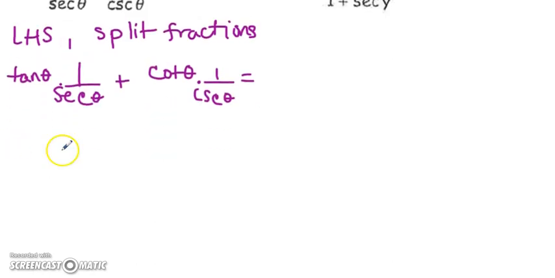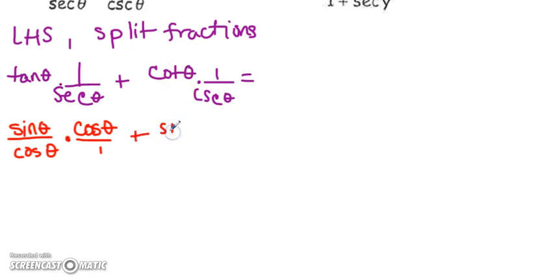And now I'm going to change every single thing. Tangent is going to become sine over cosine. Secant, look at your trig sheet. That's cosine over 1. Cotangent, that's cosine, right, same letter. Cosine over sine.